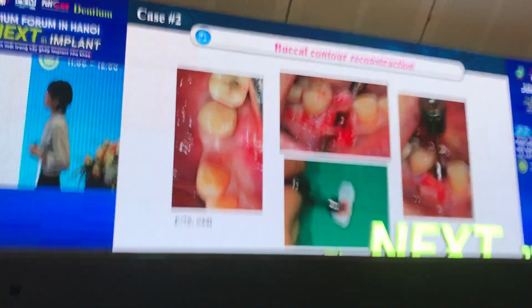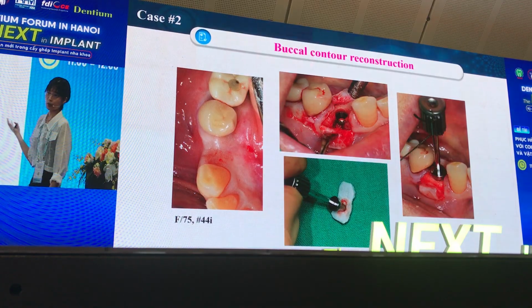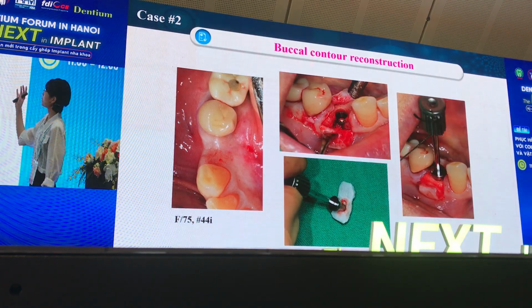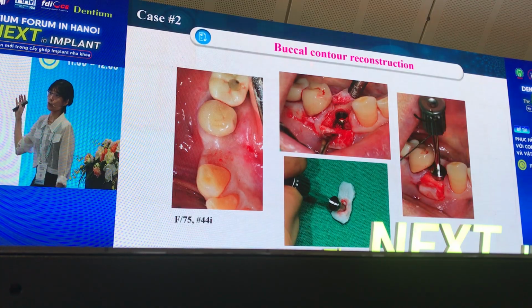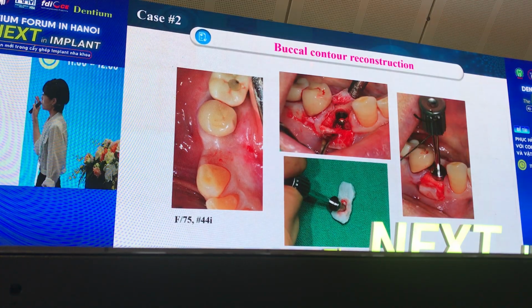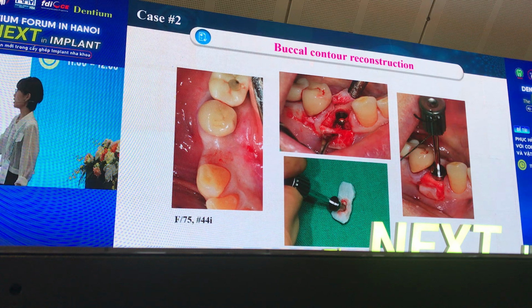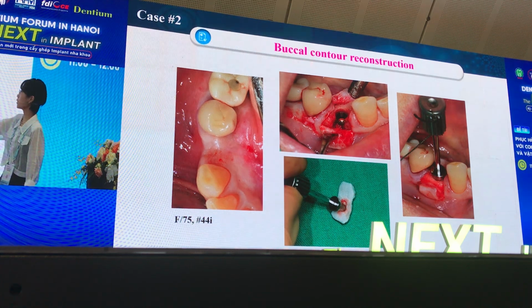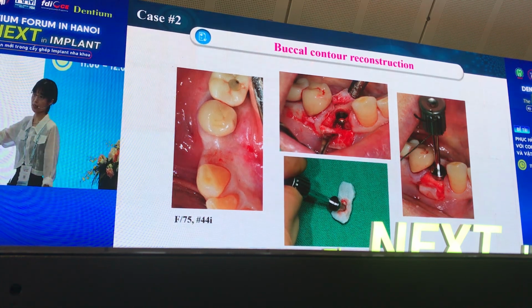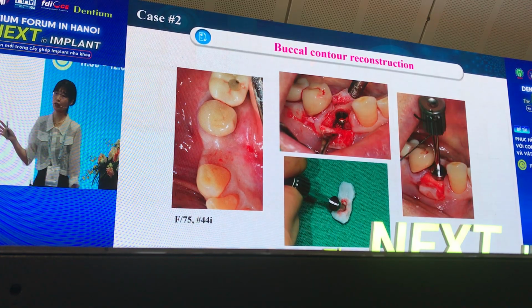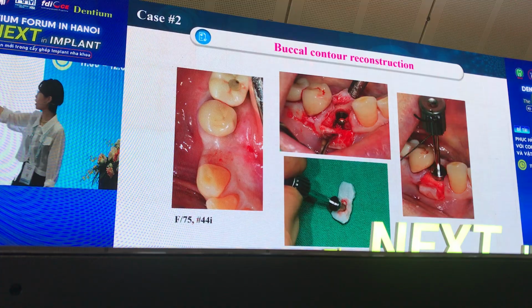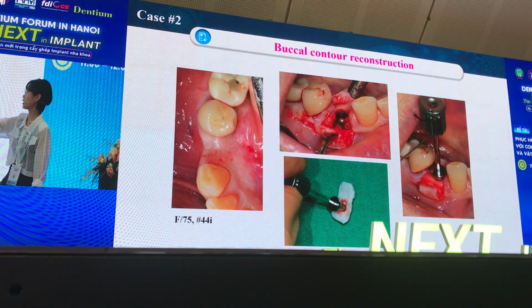And also, I usually use Collagen Graft 2 when I do buccal contour reconstructions. When we do tooth extractions in a periodontally compromised case, we can get a buccal defect like this, so we get a concave buccal contour.